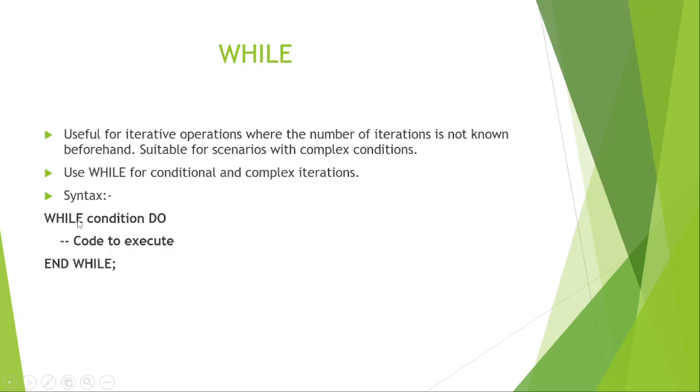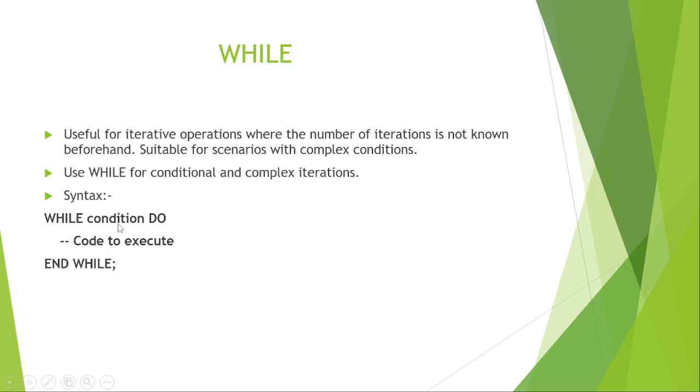The syntax is WHILE condition DO, code to be executed, and END WHILE. So this is the code area where we are going to write the code. This is the condition we are going to check.